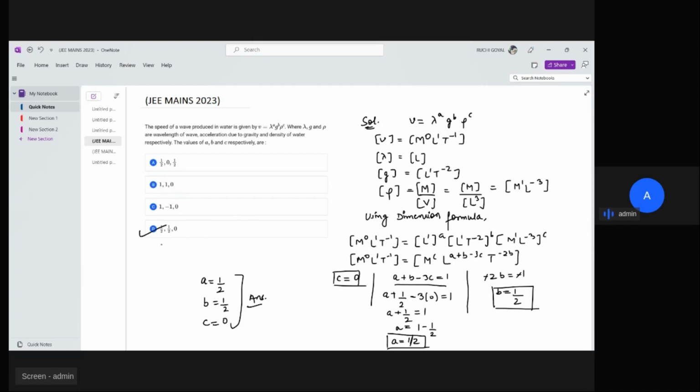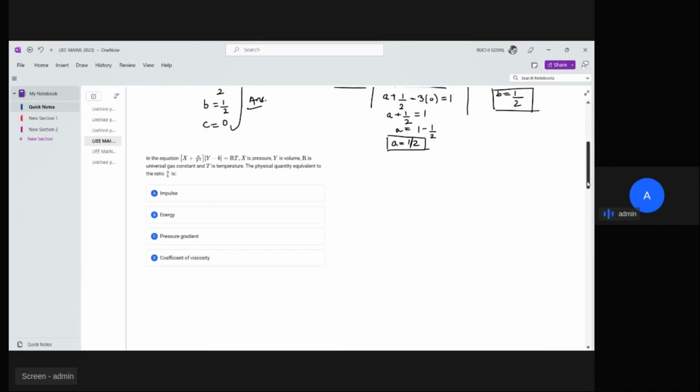So this is the answer of this question. So option D is the answer. Is there any doubt in this question? No? Okay. Let us move to the next question.